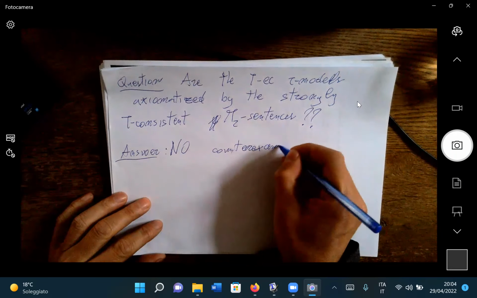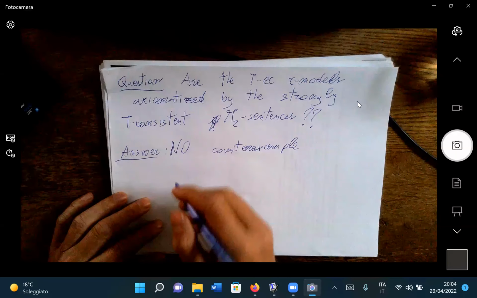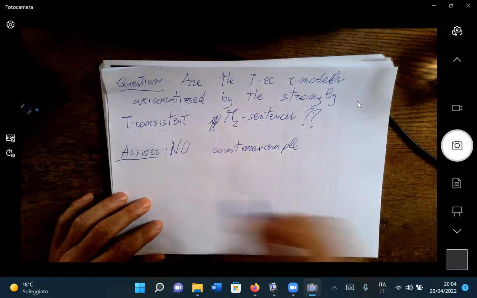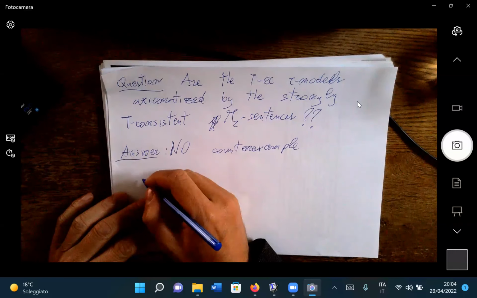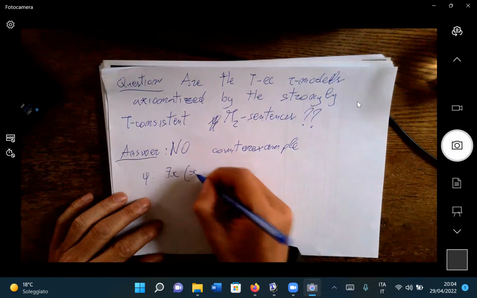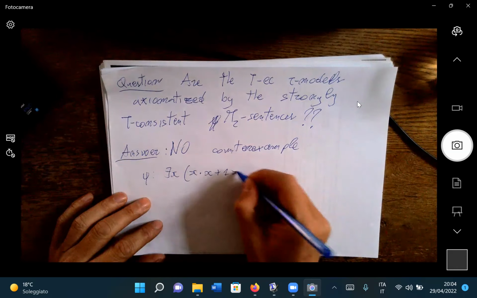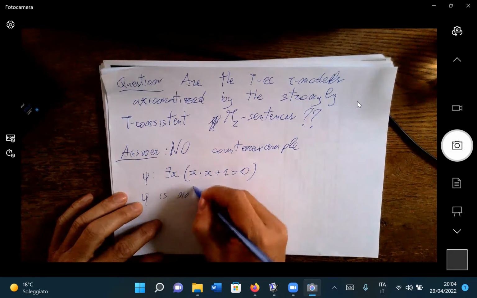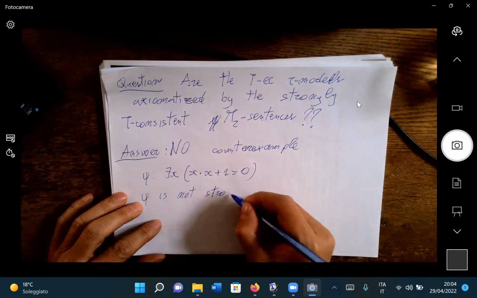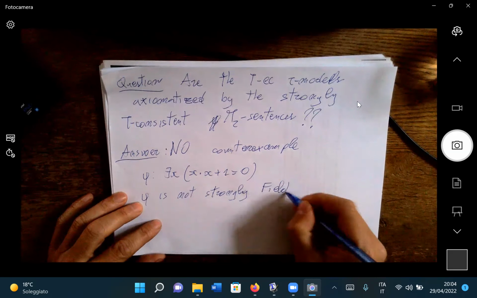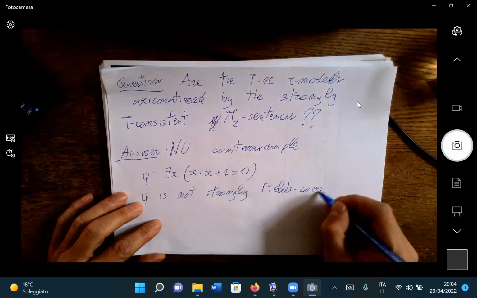Again, the counterexample is always the same, rationals against algebraically closed fields. So we take as C, exists X, X times X plus 1 equals 0. This C is not strongly fields-consistent because it fails in the rationals.